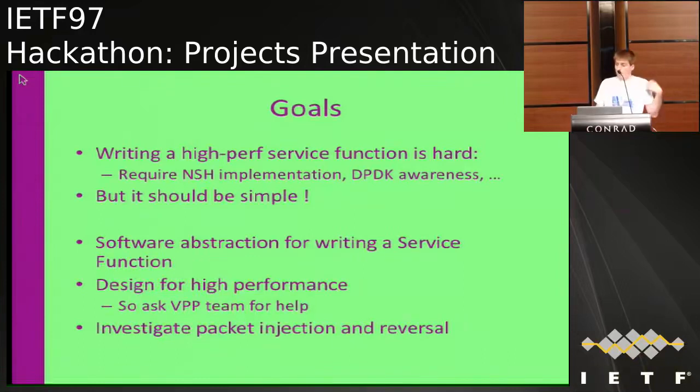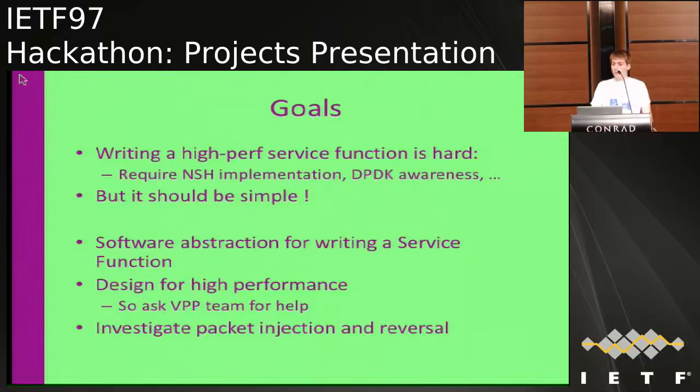So we built an abstraction for writing a service function, and we used VPP to get the traffic from the NICs, from the wire into the service function and back out efficiently. And in doing this, we also wrote some toy service functions as a proof of concept, to show that you can do it and that our abstractions work.